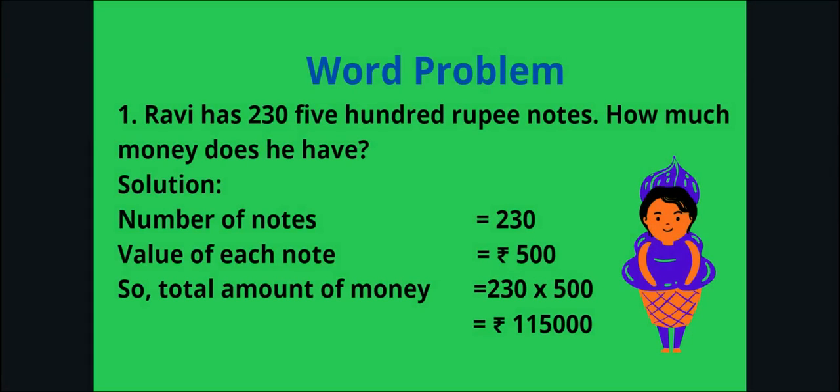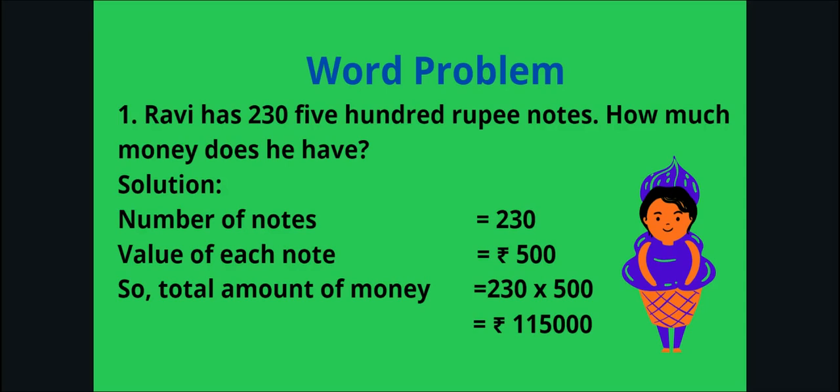Now we start word problems. First problem. Ravi has 235 500-rupee notes. How much money does he have? Solution.